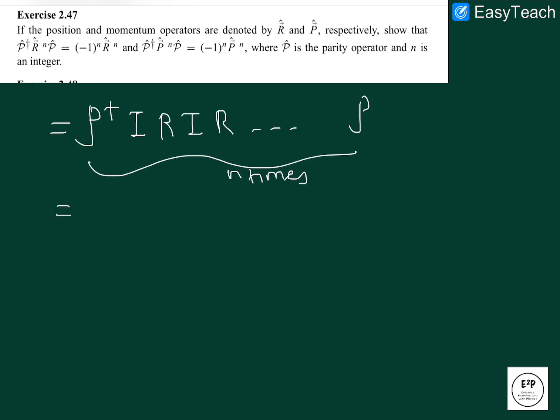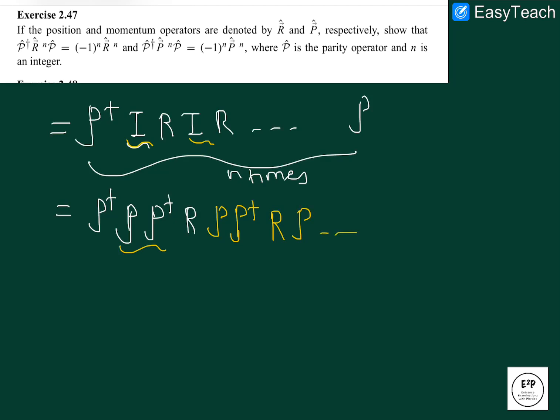Now instead of the identity I have substituted parity into parity dagger, and similarly for this one, until at the end we get P dagger parity.